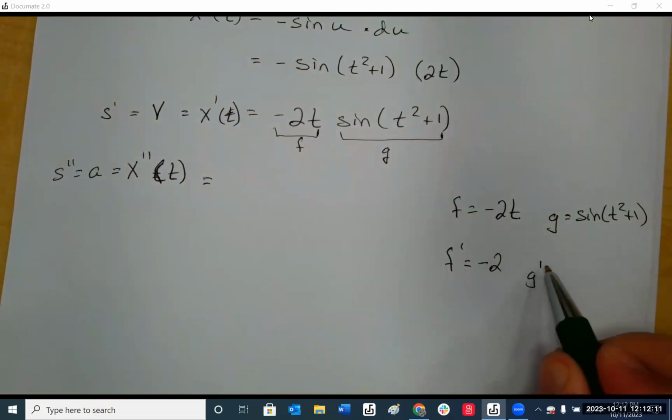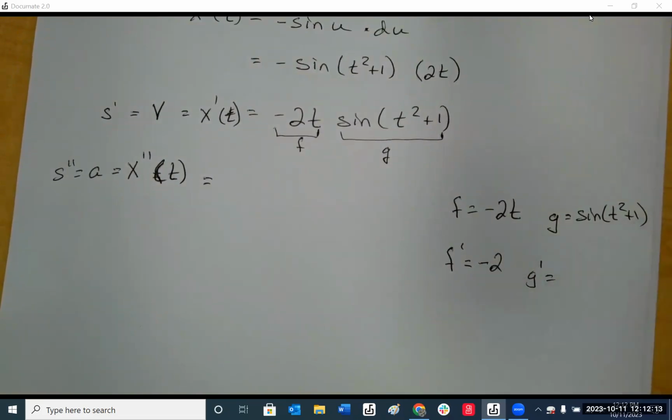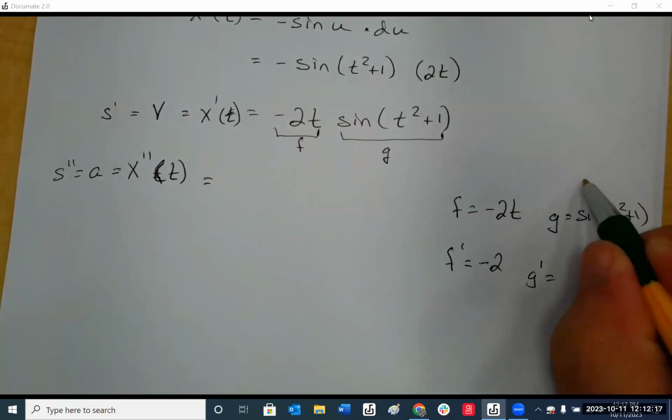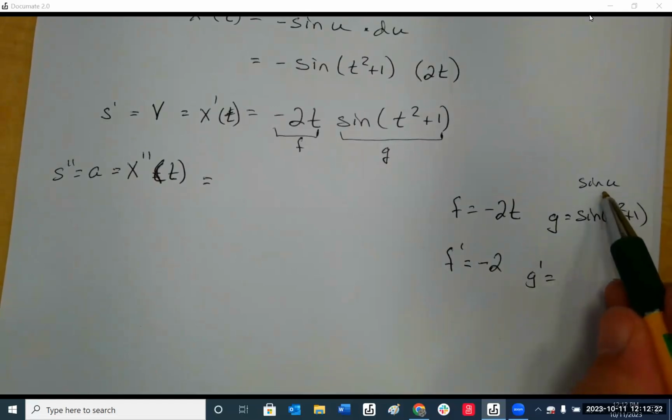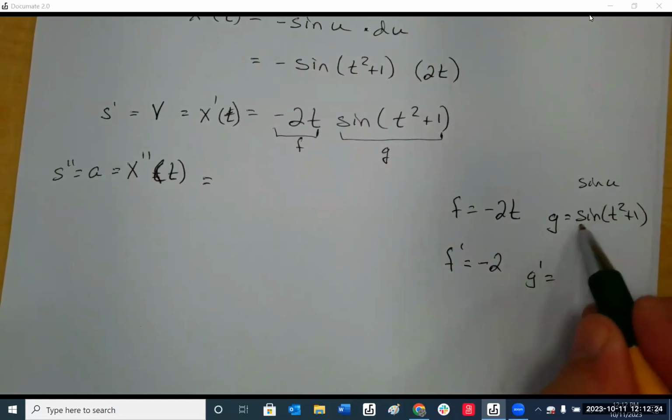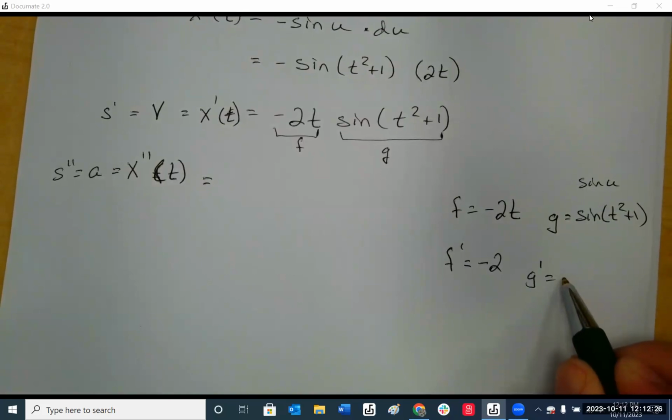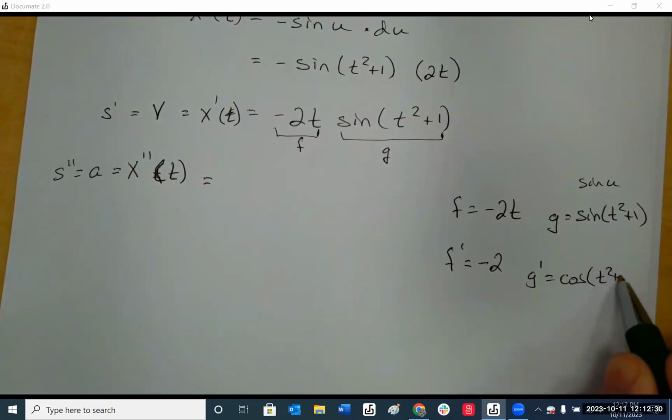And the first derivative of sine of t squared plus 1, remember, this is sine u. So the derivative of sine is cosine of t squared plus 1 times the derivative of the inside, which is 2t.